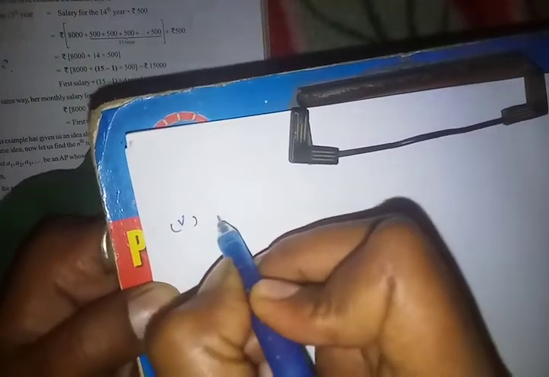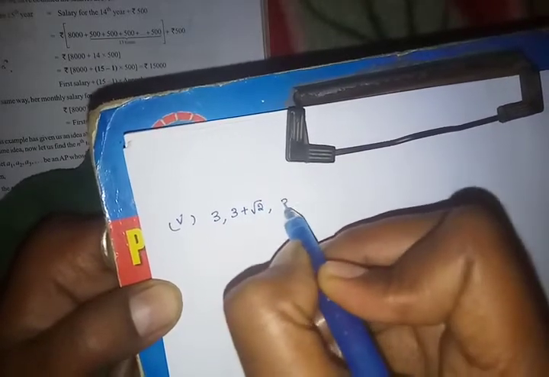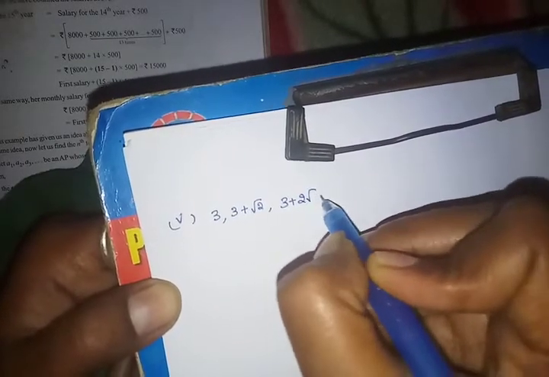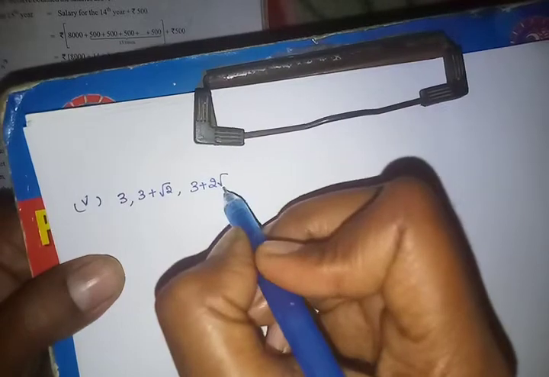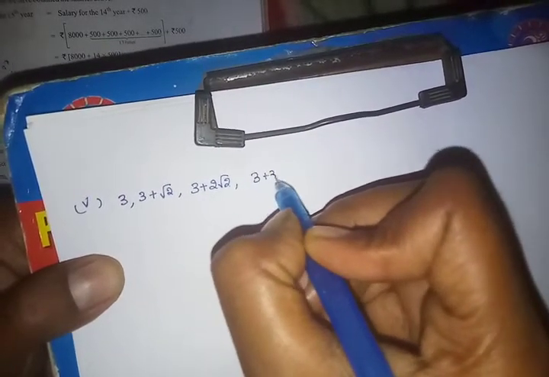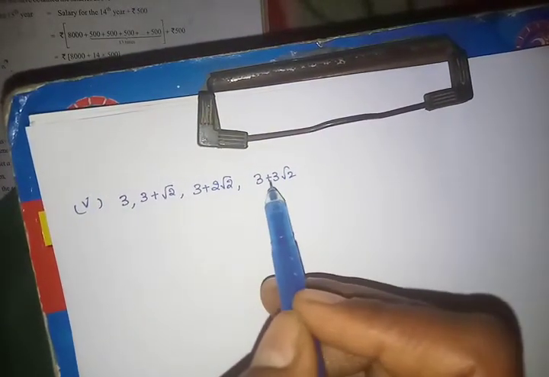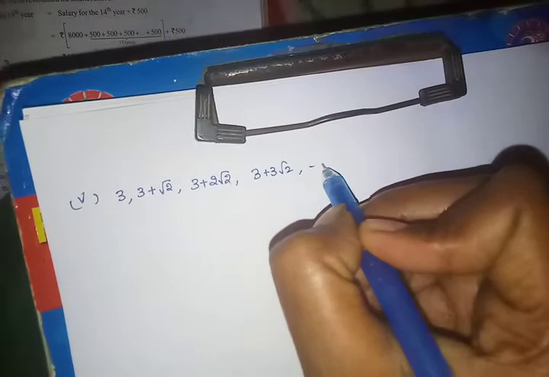Easy problems, no? Shall we do one more problem? See the fifth one. What is the question? 3 plus root 2, 3 plus 2 root 2, next, 3 plus 3 root 2, and so on.